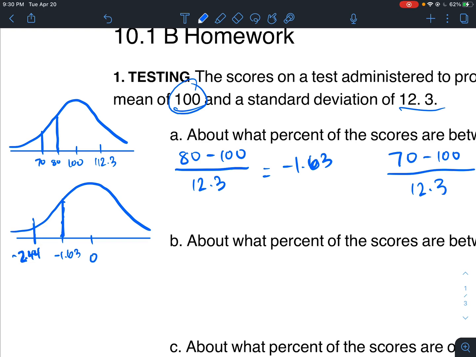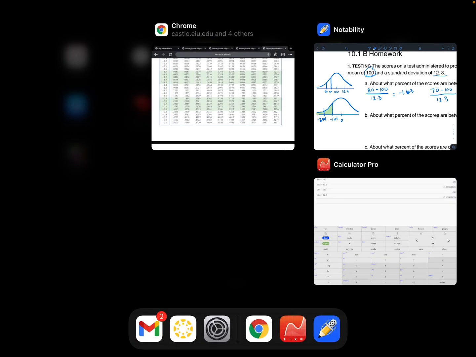Okay. Now I am trying to find the area right here. Now there's no empirical rule for negative 1.63 standard deviations and negative 2.44 standard deviations. So what I need to do, I first need to find the area for everything less than negative 1.63. So let me do that here. I'm going to use my z-score table, and I'm going to find the area under the curve for negative 1.63. So let's go to my table here.